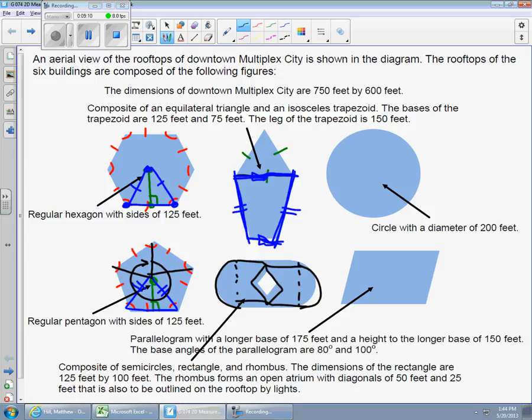It goes on to say that the dimensions of the rectangle are 125 by 100. The rhombus forms an open atrium with diagonals of 50 feet and 25 feet that is also to be outlined, and we'll talk more about that in a second. Does everybody understand what an atrium is? Do you know this word? You ever been in a building, particularly buildings that have elevators on the inside?